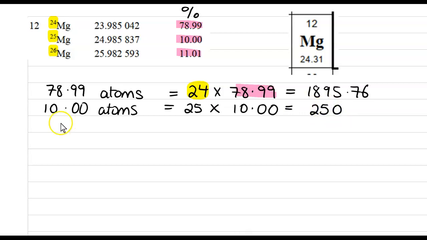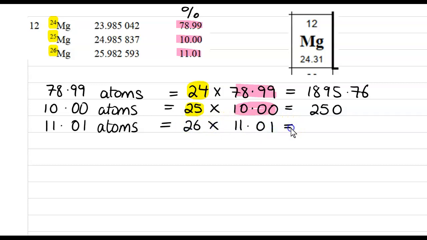And then my last one, 11.01 atoms, will be equal to 26 this time, times 11.01, which gives me 286.26.